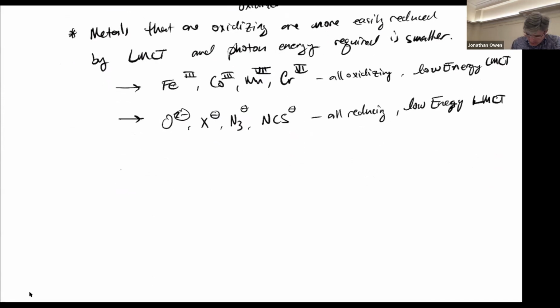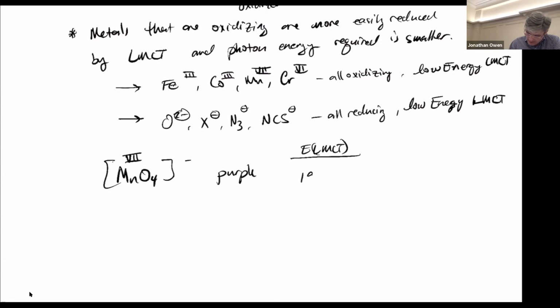So for example, permanganate. Permanganate is purple in color, deep purple color. And the energy of the LMCT transitions is about 19,000.